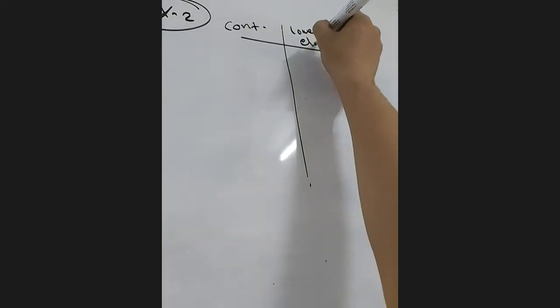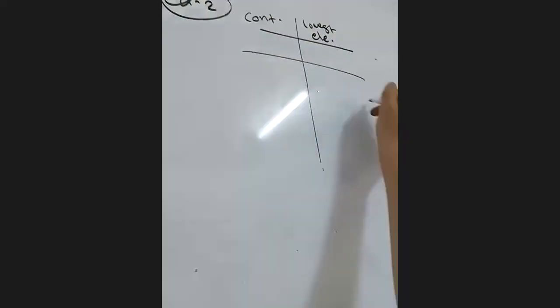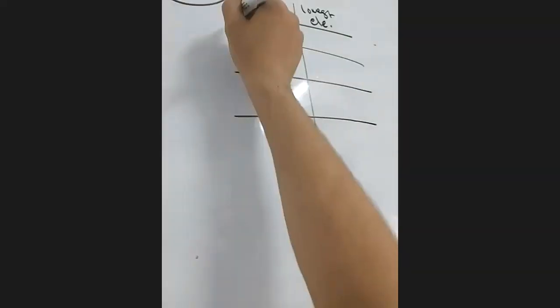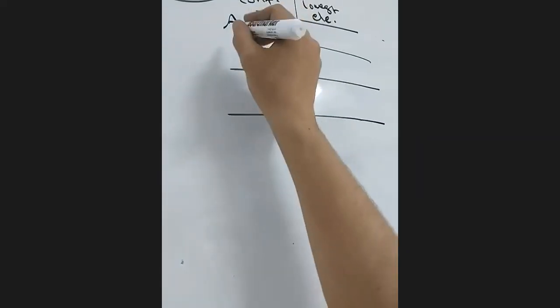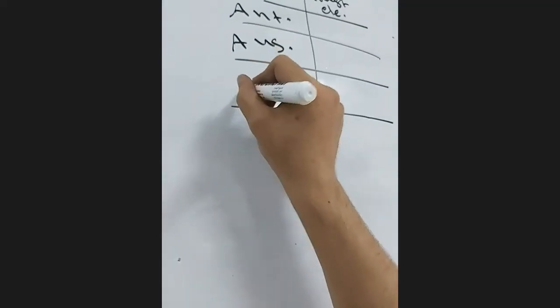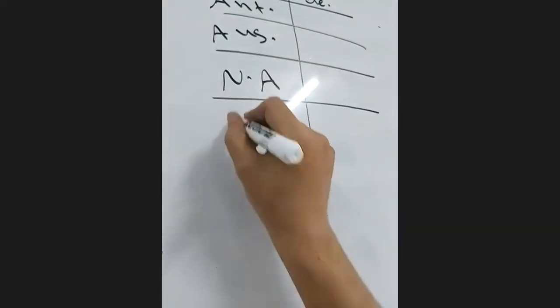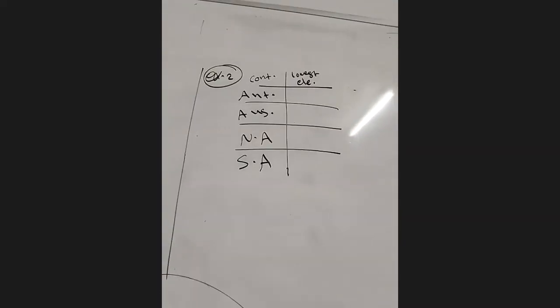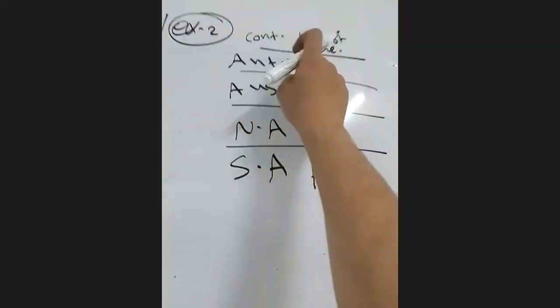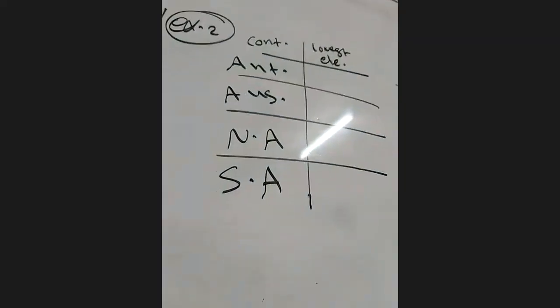In the table, what do we have, Hamza? Antarctica, Australia, North America and South America. This is written in your book, guys. Do not write now. In Antarctica, how much is the lowest elevation?